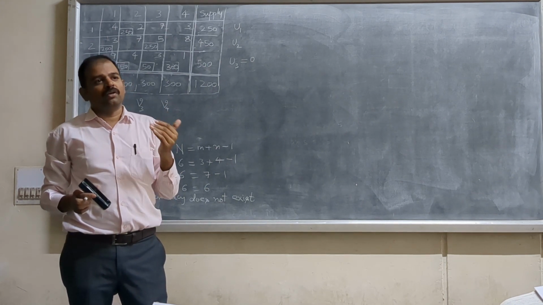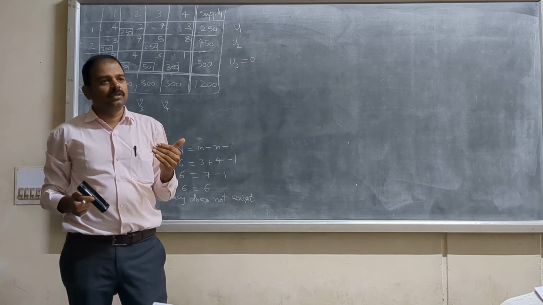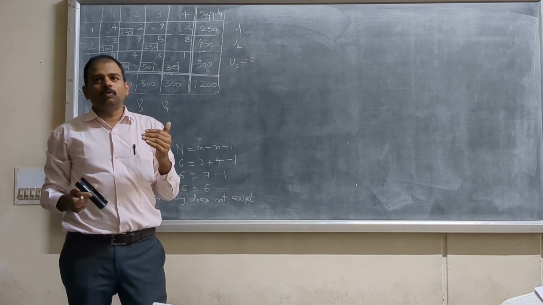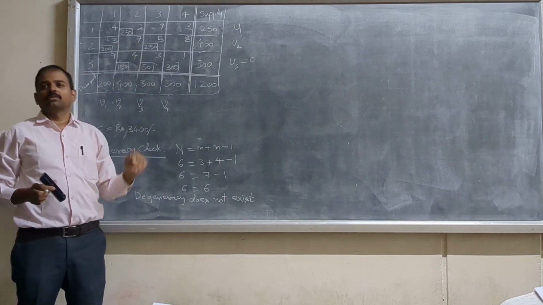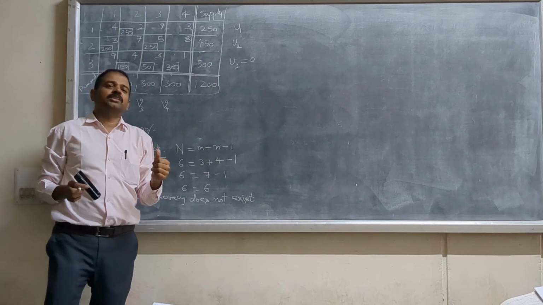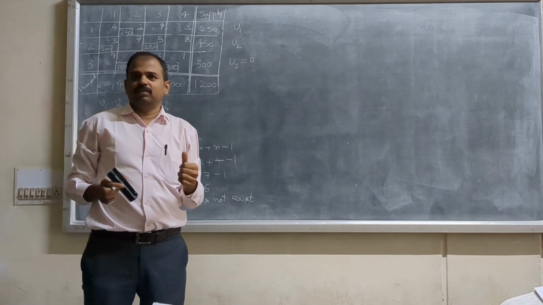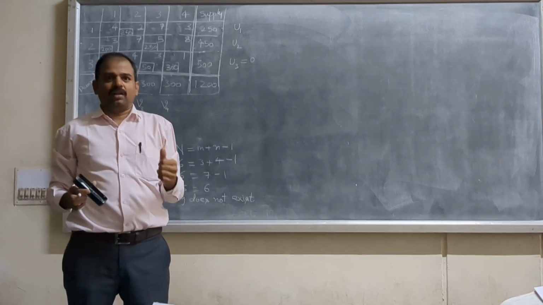Now to proceed further with the UV method or MODI method, we have 2 different categories of cells in this table. The first one is the occupied cell, or the allotted cell.